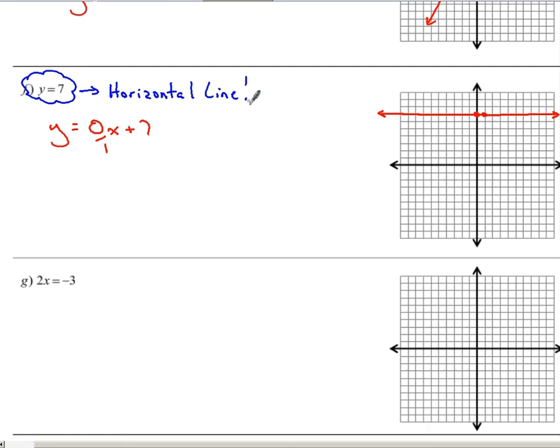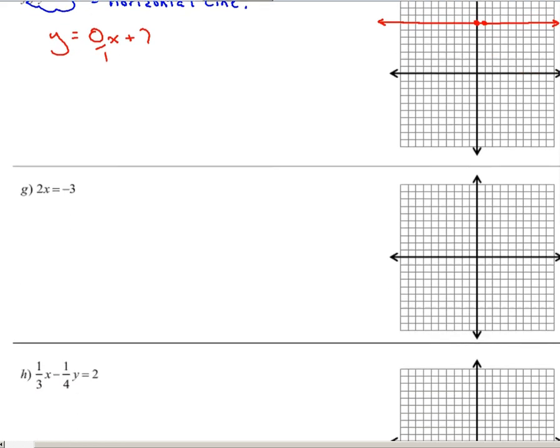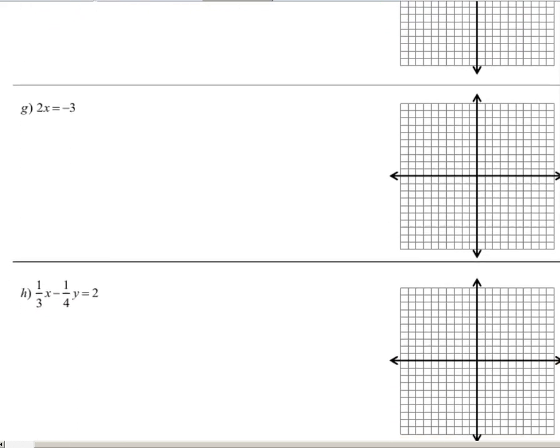And appreciating on that example that you've got a horizontal line to work with, when you look at G now, on G there's no y to solve for. So we'll just take the variable we're working with here, which is x, solve for x. Divide 2 over, x is going to equal -3/2. If y equals just a number as a horizontal line, then x equals just a number must also be special.